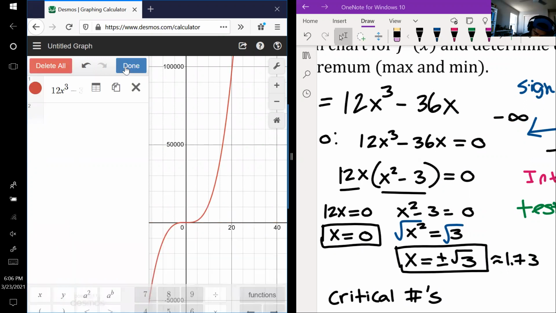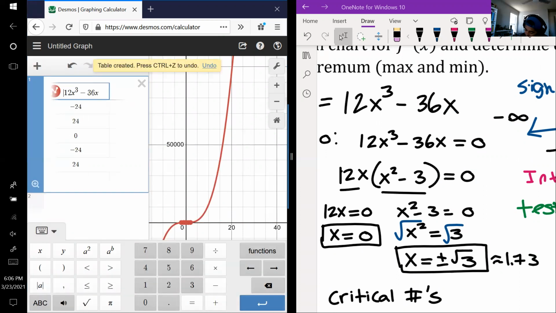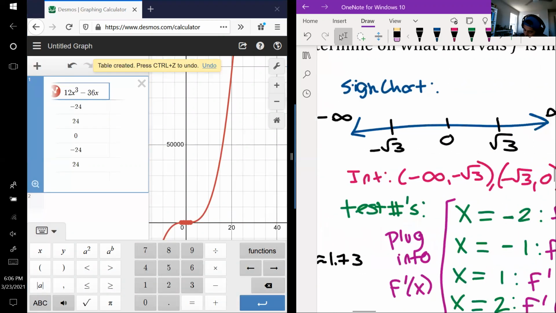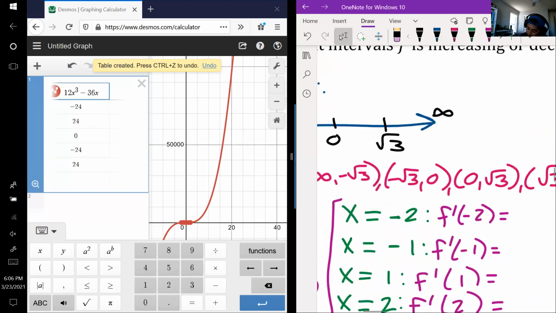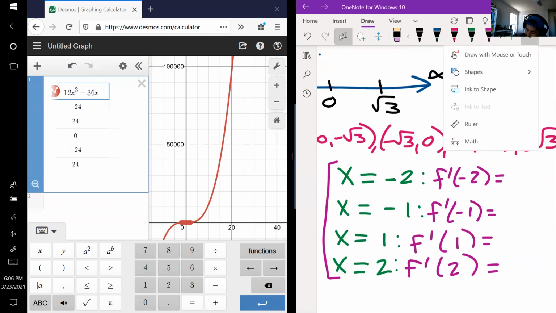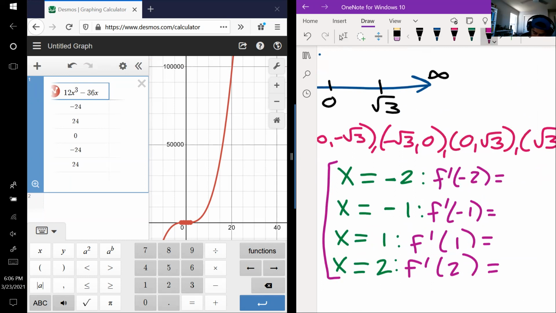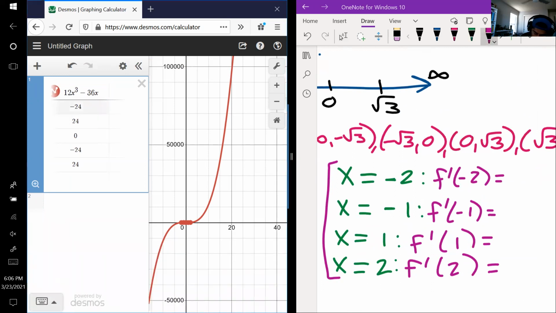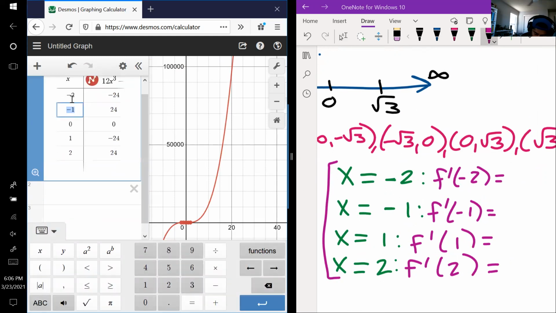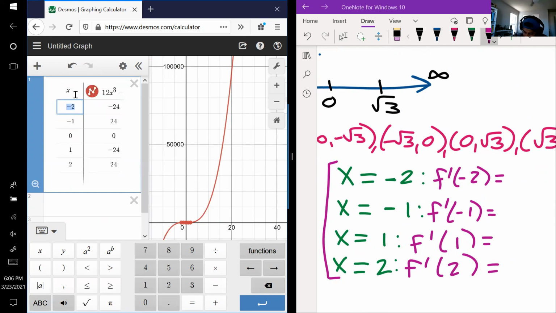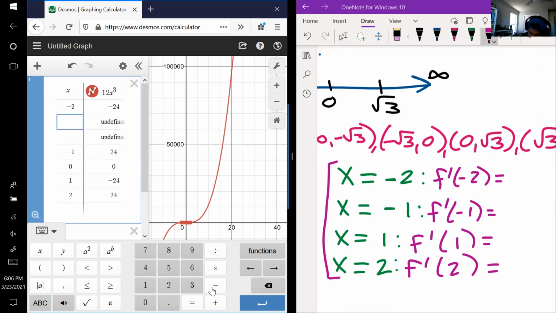And then table. Here we go. Plug in my test numbers. All right, negative 2 is in there. Perfect. Negative 1 is in there. And then 1, and then 2.